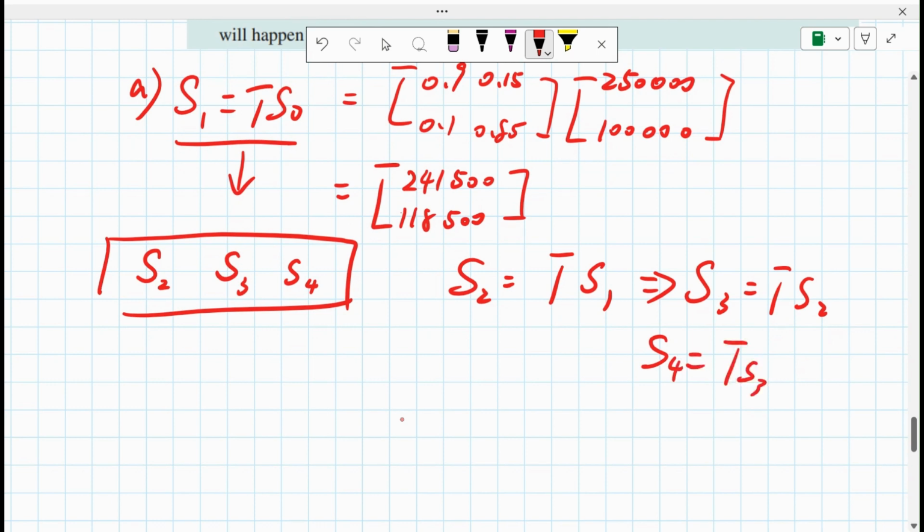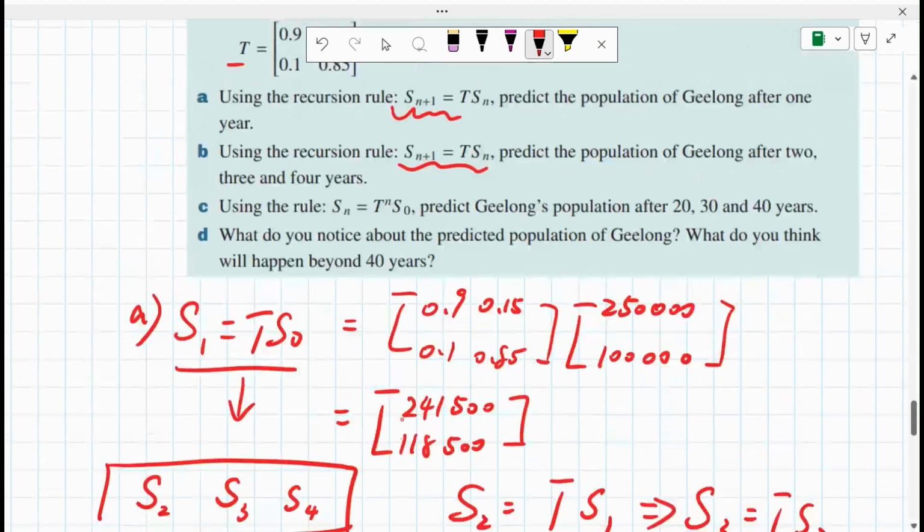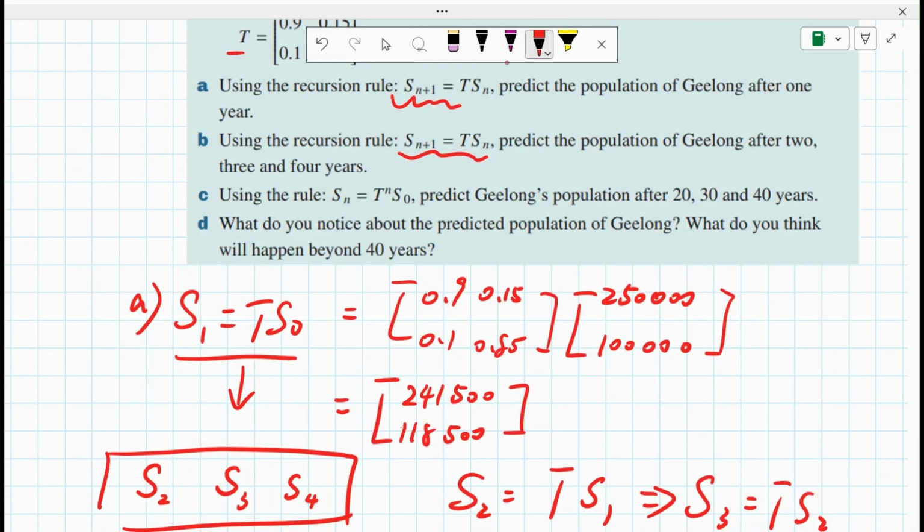I want you guys to try to calculate those yourselves and let me know the answer after 4 years. Do you have any questions?